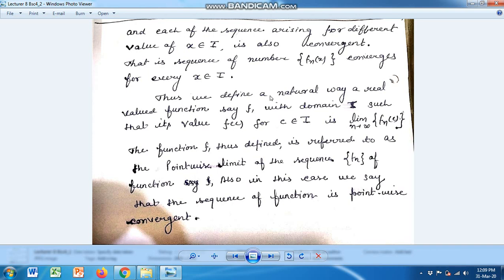Thus, in a natural way, we define a real valued function, say f, with domain capital I such that its value f(c) for c belonging to capital I is the limit of f_n(c) when n tends to infinity.